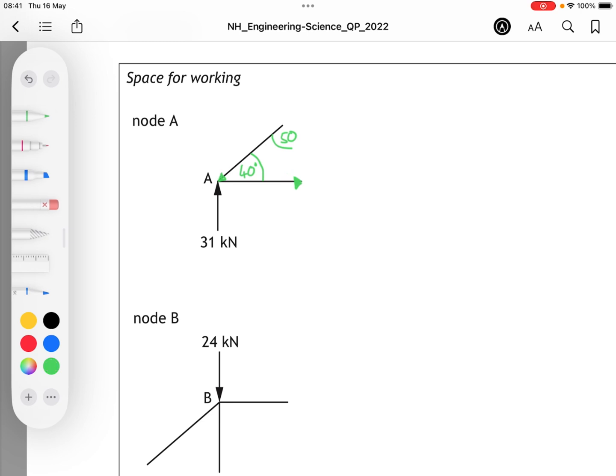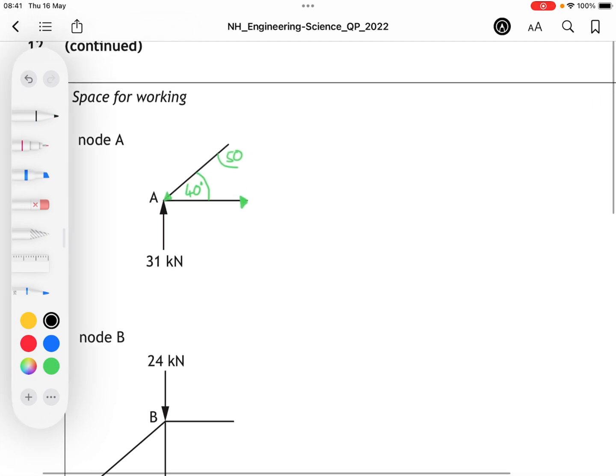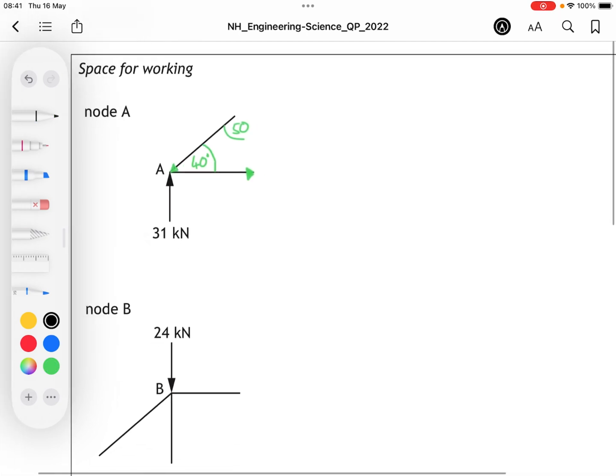And what we want to start doing then is resolving our forces vertically and horizontally to find the magnitude of the forces inside members AB and AC. So I would go for finding the sum of my vertical forces first, because I've got one known in that direction.